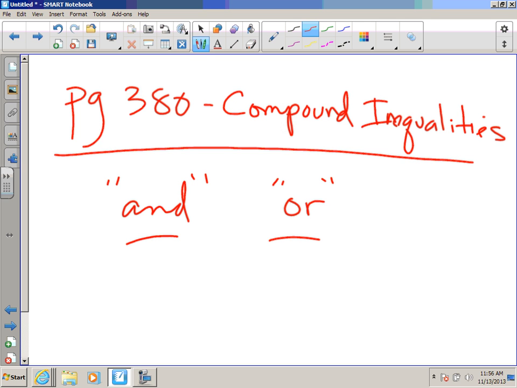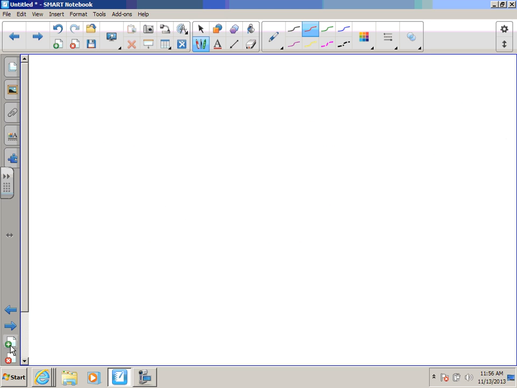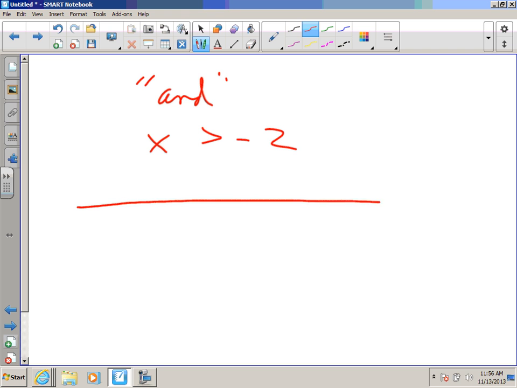All right, so the graph of a compound inequality with "and" is the intersection of the graphs of the inequalities. Let's focus on the "and" first. Here's the first example. We've got x is greater than -2. Let's graph this.